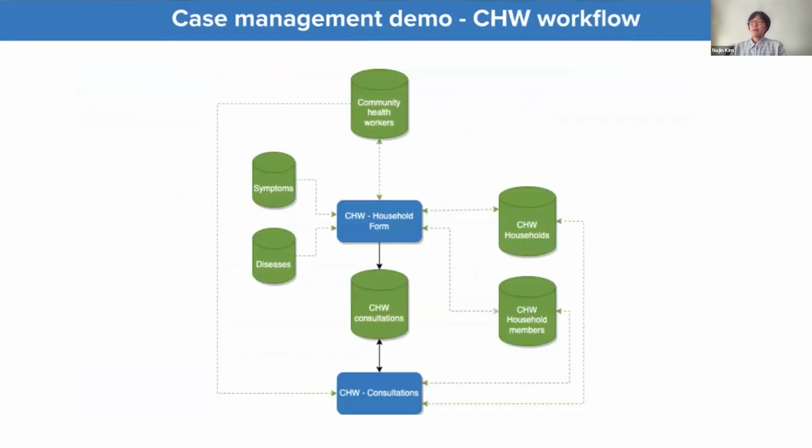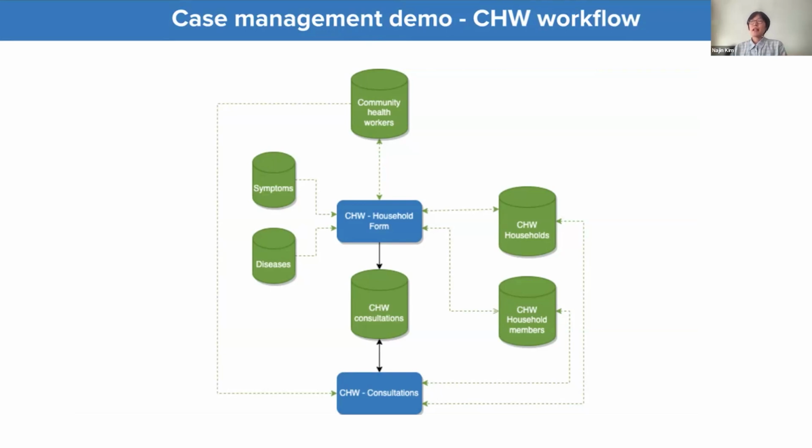To start off, I will quickly give you a high-level overview of how this workflow is structured, so you'll have a clear picture in mind when I walk you through it in the Server console. As you can see from this diagram, this workflow has 2 forms in blue and 6 server data sets shown in green. And the arrows show how data flows between data sets and forms.